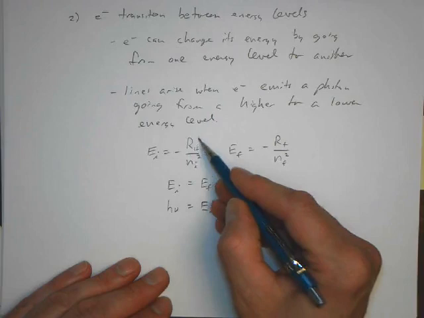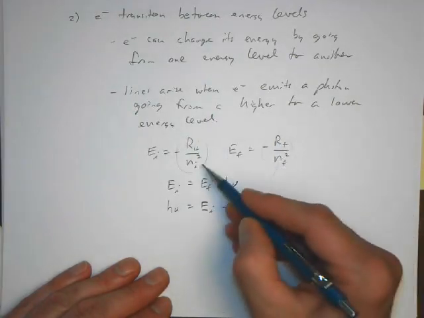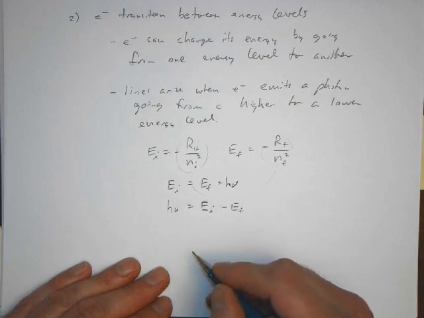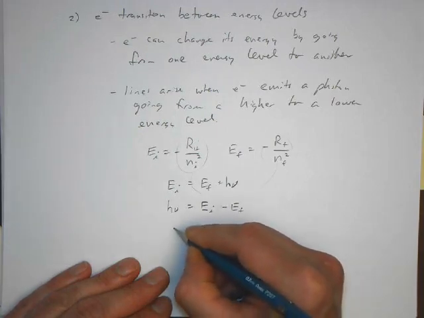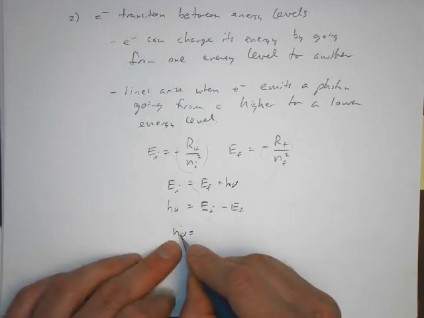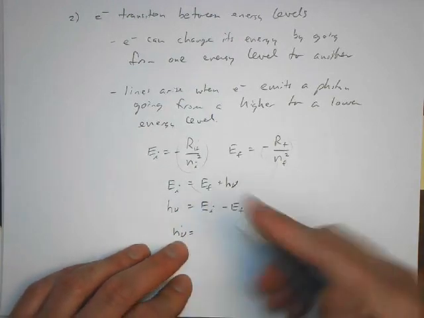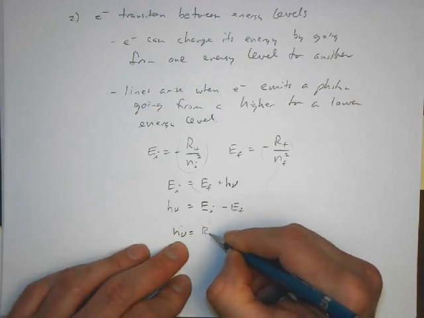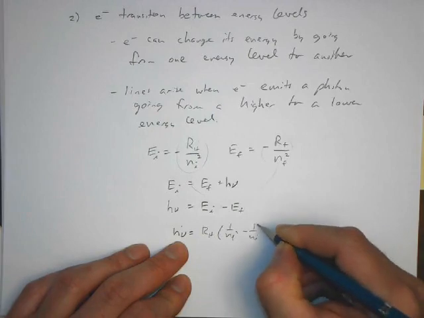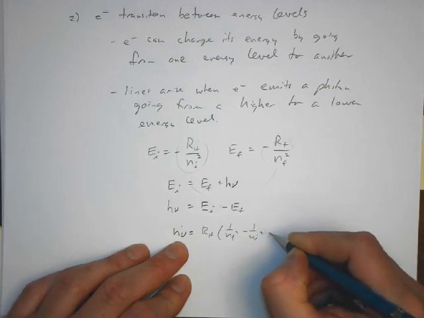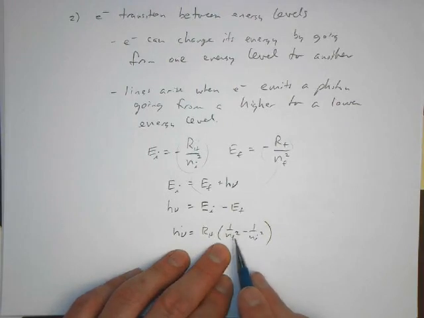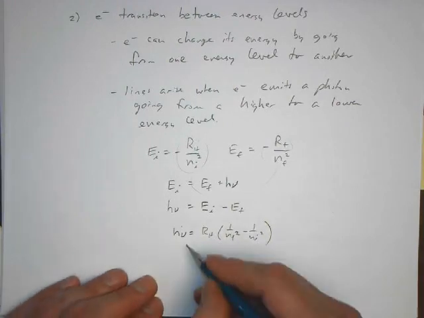Substituting these things in and rearranging, we can end up with the following. The energy, E equals h nu, remember, is equal to the Rydberg constant. I've done a little bit of algebra just to speed things along. Times 1 over the final energy level squared minus 1 over the initial energy level squared.